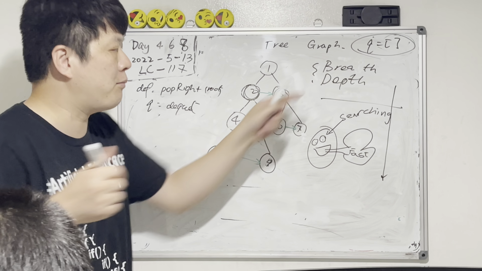deque and root. So as in the normal breadth search, while q, and we check n is length of queue. This is the number of the nodes in the current queue belonging to the same level. And then we can do this for underscore in range n. Then we do current equals q dot what?